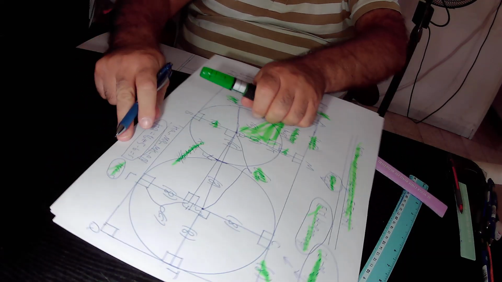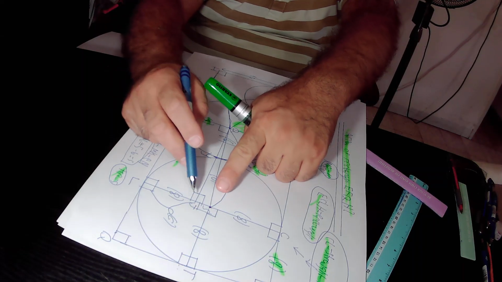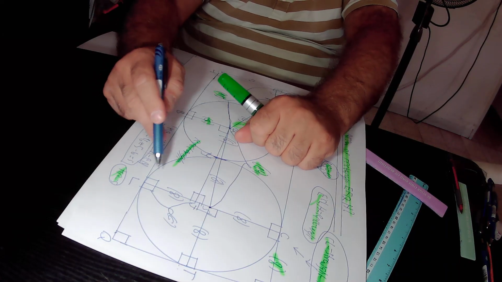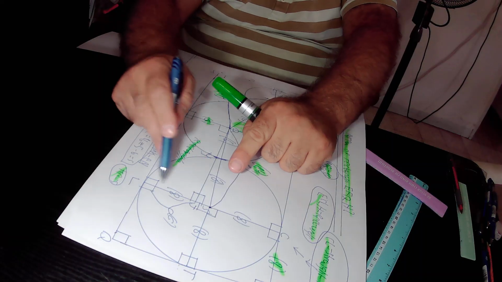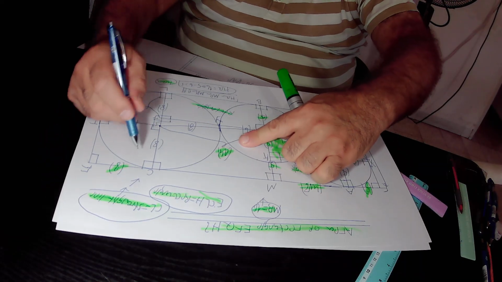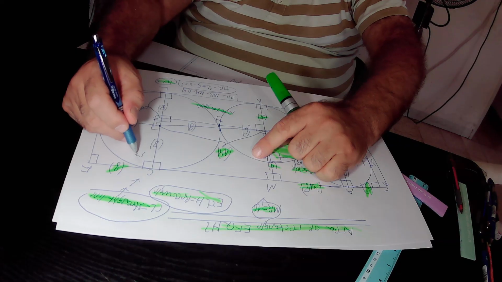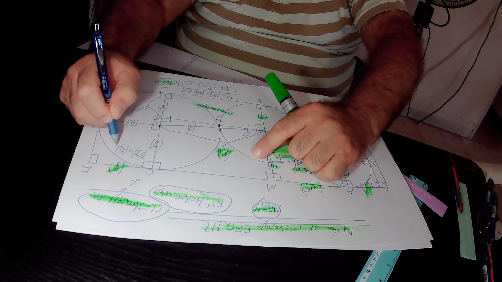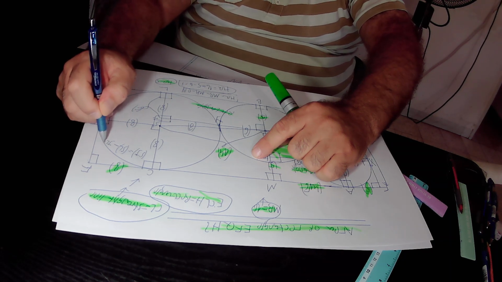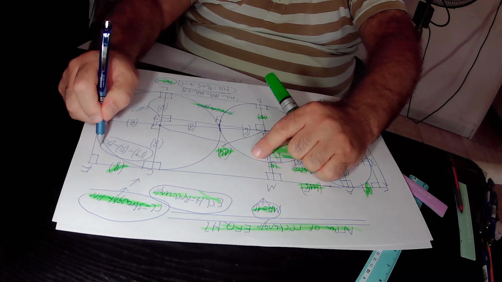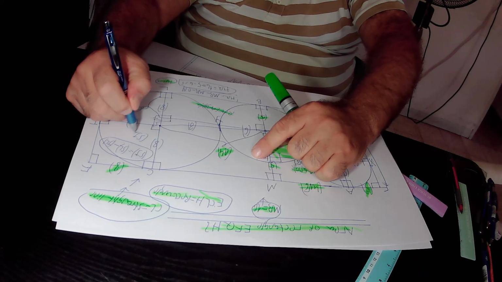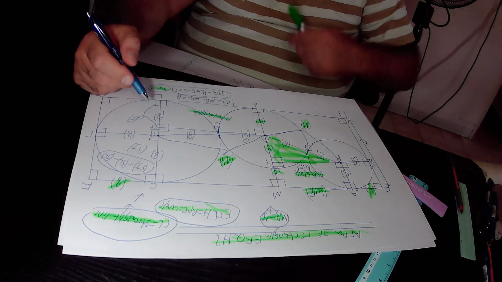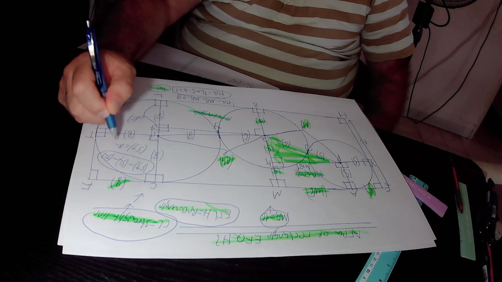What is the length of this small short line segment SJ? SJ equals SL minus JL. So the short line segment SJ equals SL, which is the radius of this big circle, that is 8, minus JL.